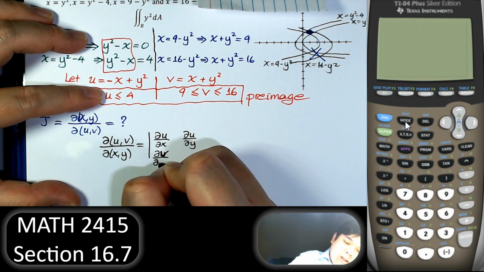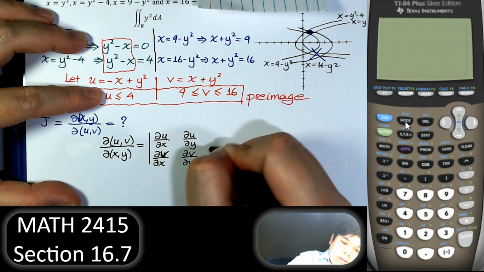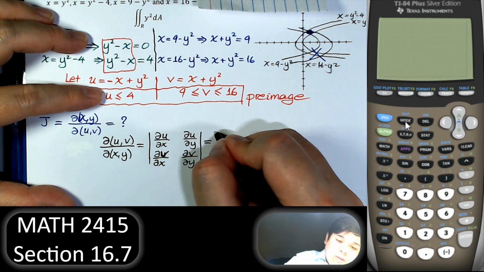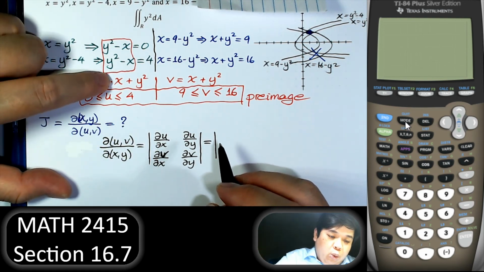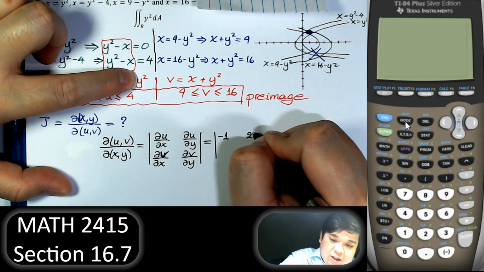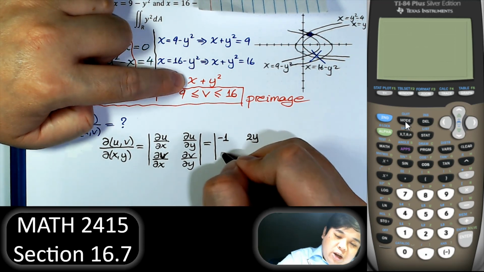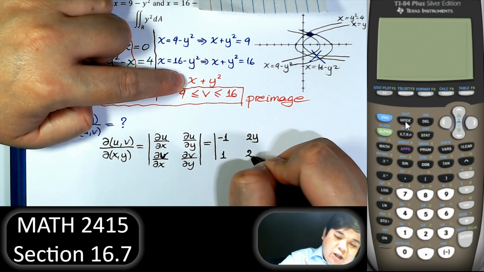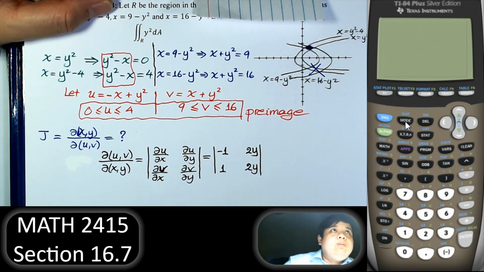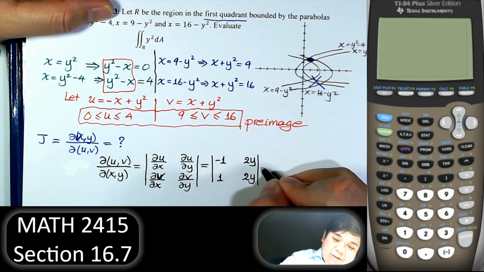The derivative of u with respect to x, with respect to y, the derivative of v with respect to x, with respect to y. Don't mind the negative.